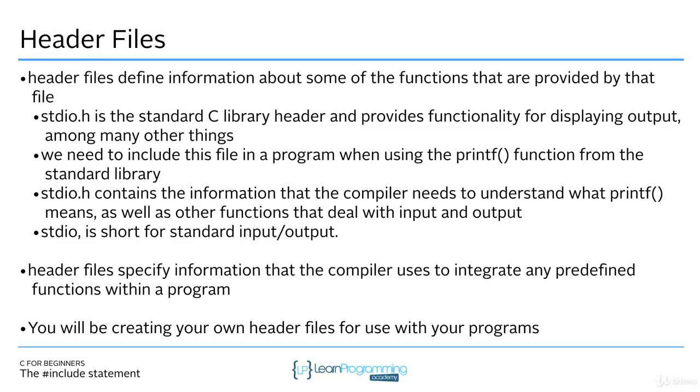So somewhere, the designers of C wrote all this C code that reads and writes data and handles input and output. They don't want this new C programmer to have to write their own, so they're going to write it for you, and they're going to say you can use it. And the way that you use it is you include the header file. And so you, as your own developer, may write some code in a big, large program, thousands of files, that you want to be used in other files.